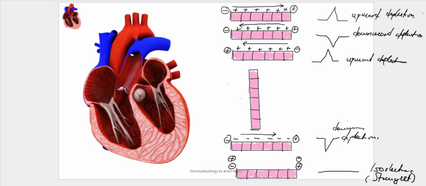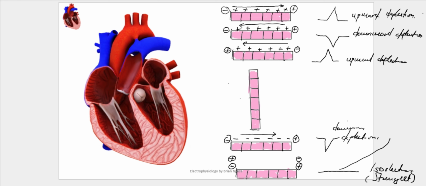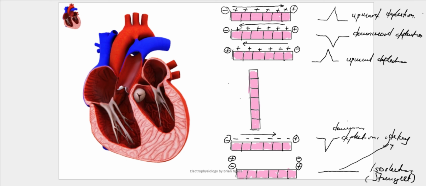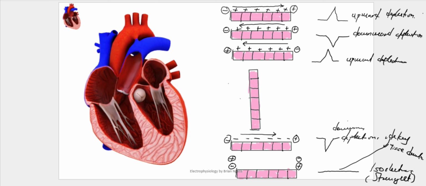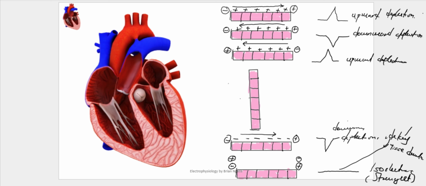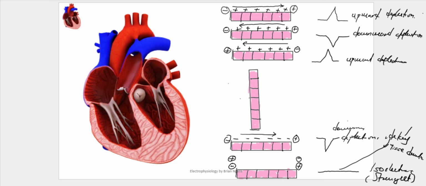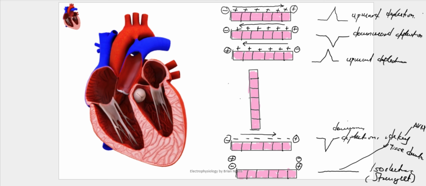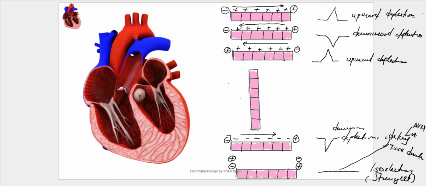So let's just write here to be fully exhaustive. It could be a representation of delay. It could be a representation of tissue or cell death. And in this delay you are holding some positive charges. So one of the areas that is known to behave like this is the atrioventricular node and also ventricular muscles.